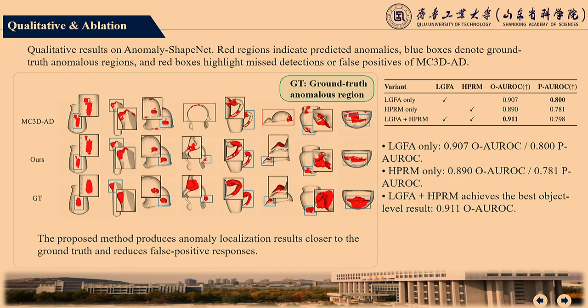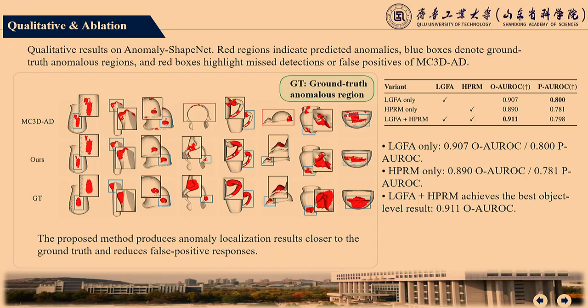When only LGFA is used, the model achieves an object-level AUROC of 0.907 and a point-level AUROC of 0.8.